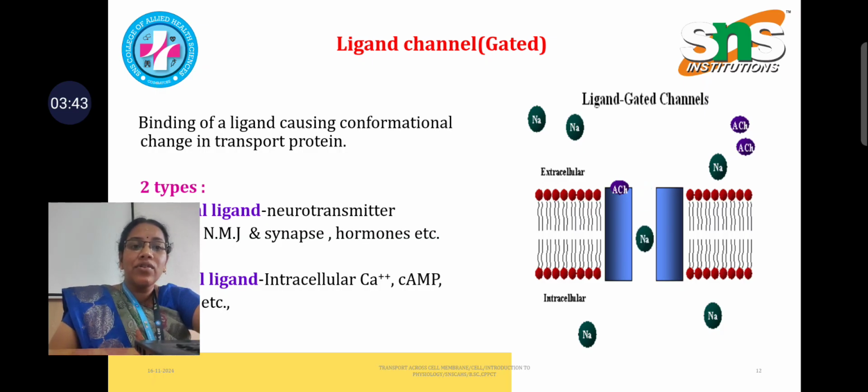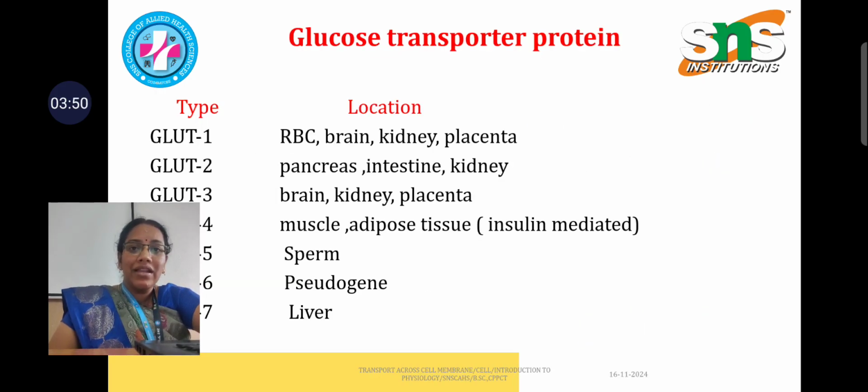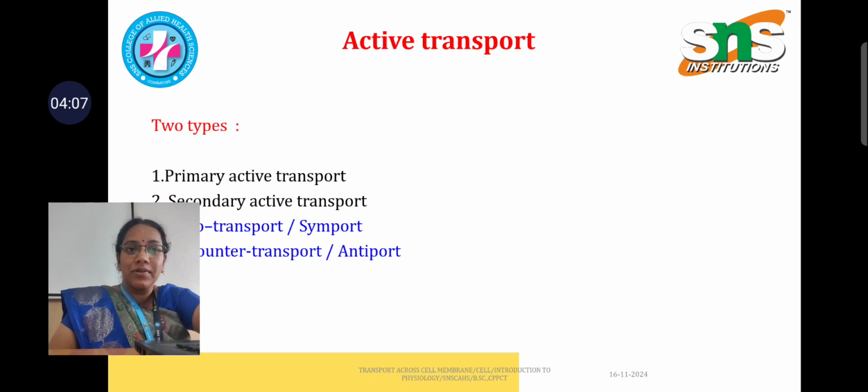So modification and conformational change of the channel occurs through this mode. There are also various glucose transporter proteins present, in forms found in RBC, brain, kidney, placenta, pancreas, intestine, mucus, adipose tissue, sperm, pseudogene, and liver. Based on the location, the names are different.